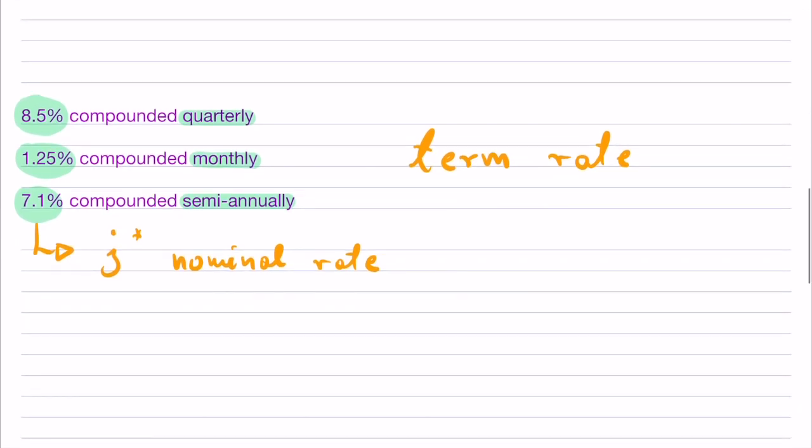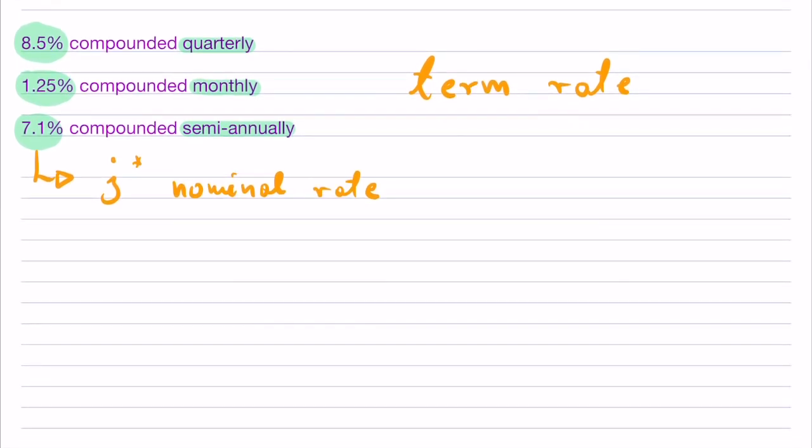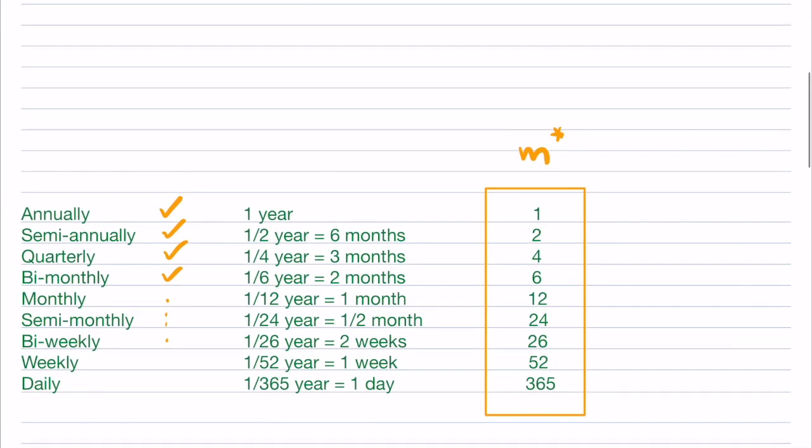So in the first example, 8.5% compounded quarterly. To find our term rate, i, all we do is we take our nominal rate right there and we divide it by m. And remember, that comes from right there.